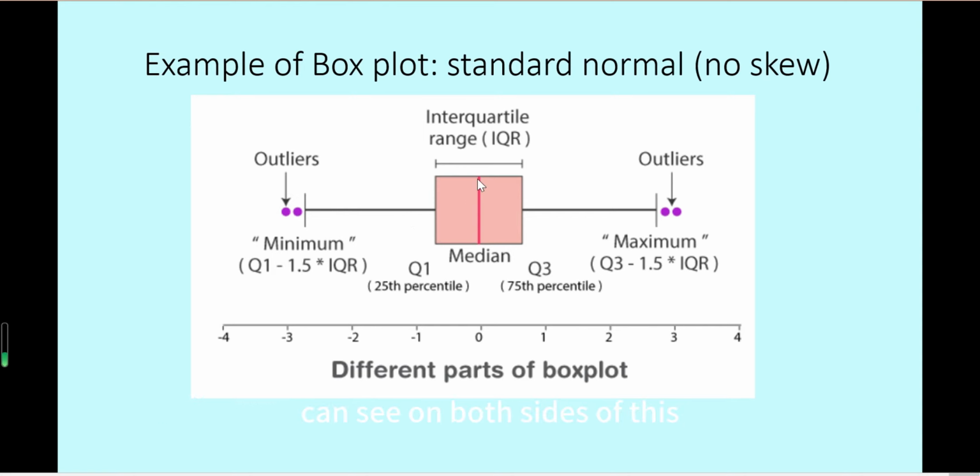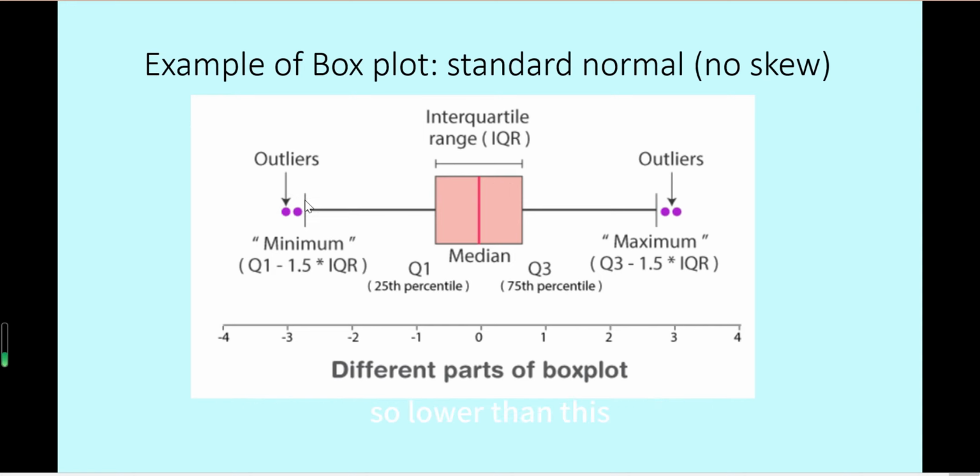You can see on both sides of this median line it's symmetric and the range is almost the same. And this part of the whisker is about 1.5 times this range. This is the interquartile range, IQR. So this is the whisker part, 1.5 times this range.